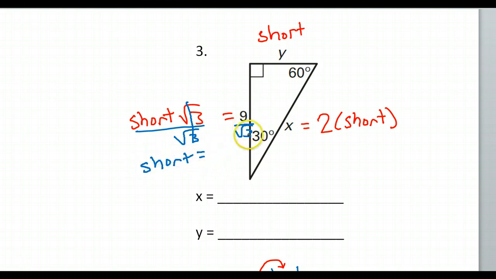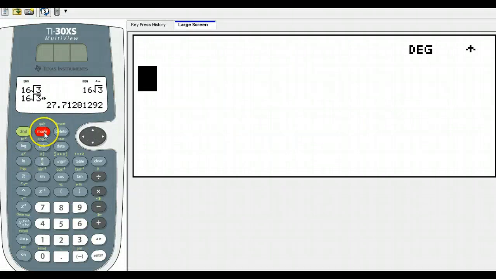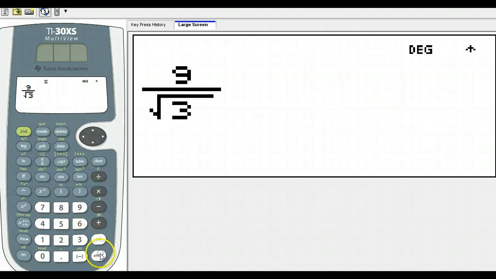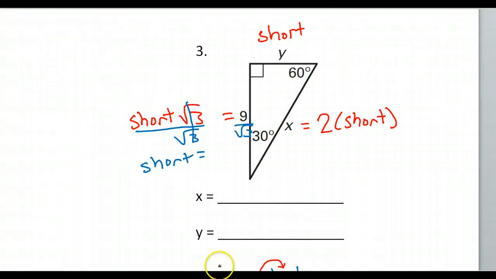Alright, so the short leg equals 9 over radical 3. That's 3 radical 3. So that is the short leg, my friends.